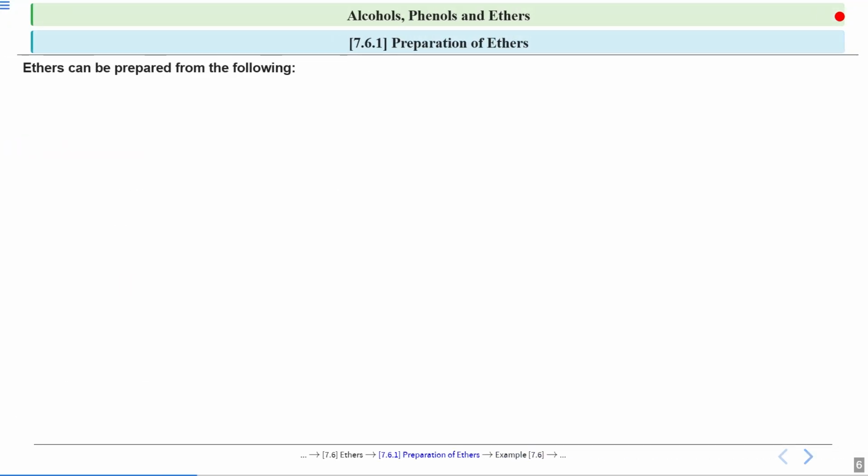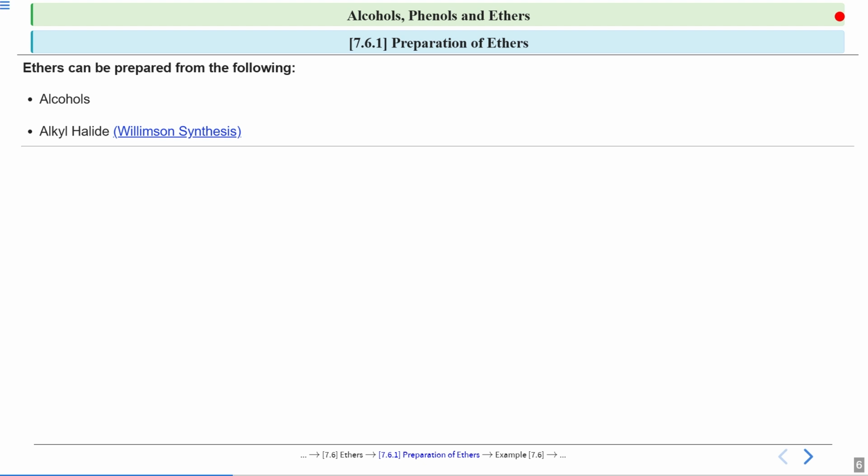Now let us move to the preparation of ethers. Ethers can be prepared from the following reactions. Ethers can be prepared from alcohols. You will see how we treat alcohols under certain conditions, which gives us ethers. And next is from alkyl halides.